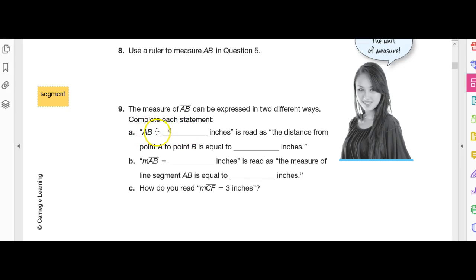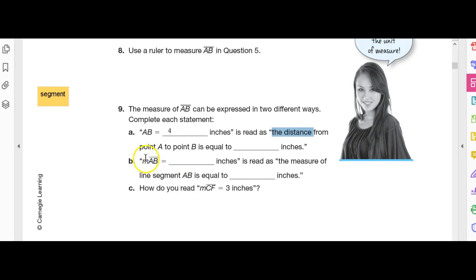So it says AB equals 4 inches, and this is read as the distance from point A to point B. The key word here is distance. This is not talking about the segment. This has nothing to do with the segment. It has everything to do with the distance between the points.